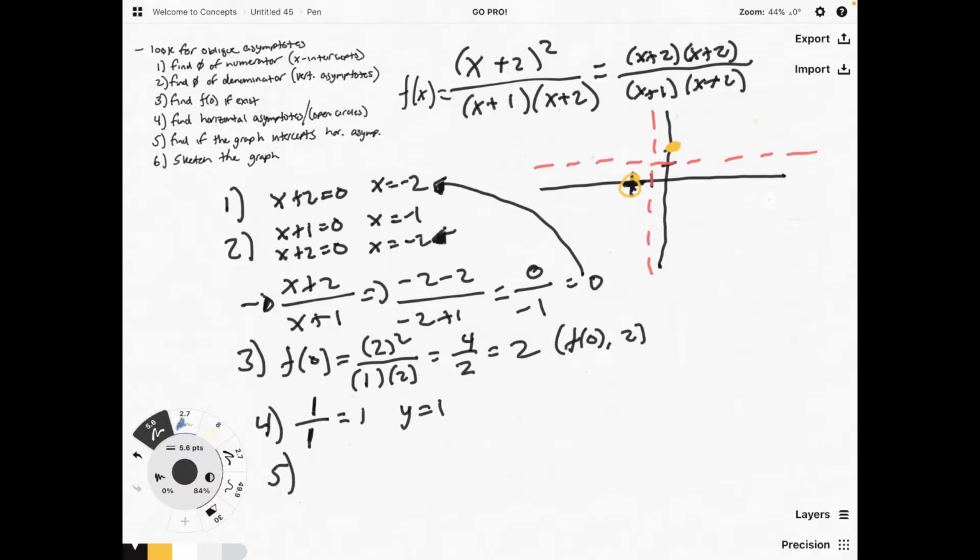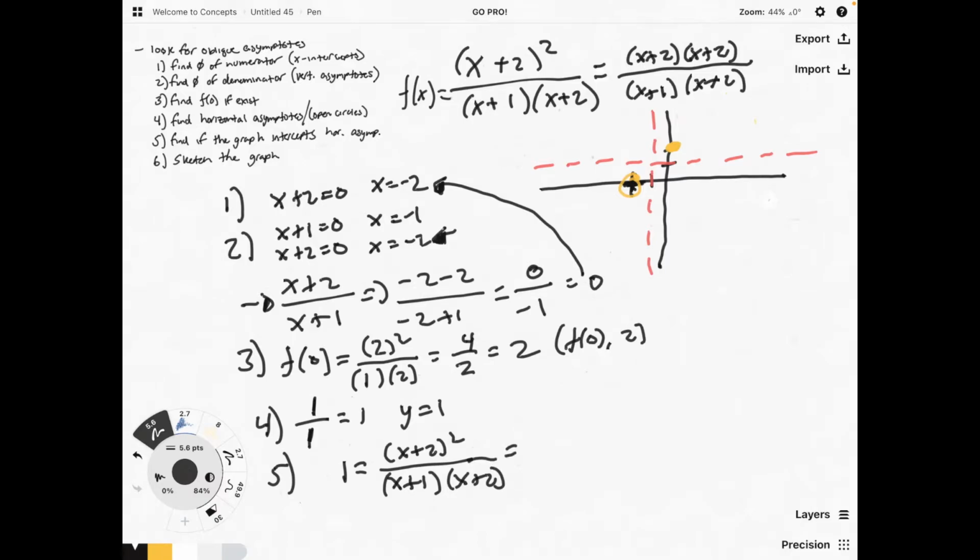Next, we move into step 5, which asks us to find if the graph intersects the horizontal asymptote. So what we want to know is when or if the original function equals a value of 1. If we set the function equal to 1, so 1 equals (x + 2) squared divided by (x + 1) multiplied by (x + 2).